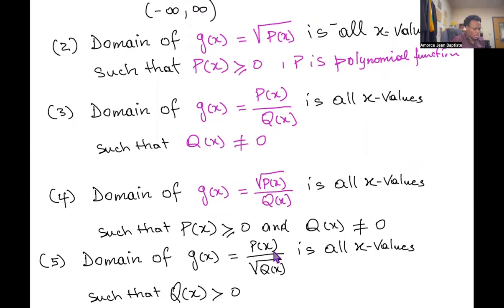So you have two conditions. P of x, inside of the radical, you want to be greater or equal to zero, and q of x, in the denominator, you want to be not equal to zero. So you're going to solve and find, and that's why I put 'and.' Those two conditions should intersect. Wherever they intersect would be your domain.